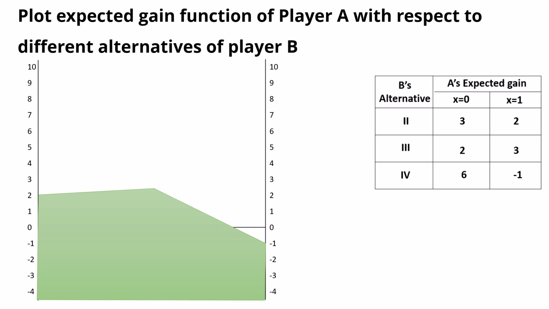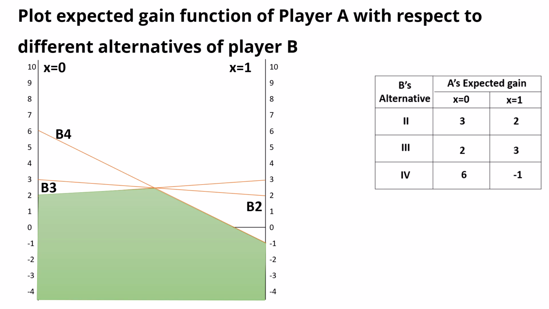So 3 to 1 means at x is equal to 0 it is 3, and at x is equal to 1 it will be 2. So we will draw one graph like this. This will be B's third alternative, that is 2 to 3, and the fourth alternative will be 6 to minus 1.